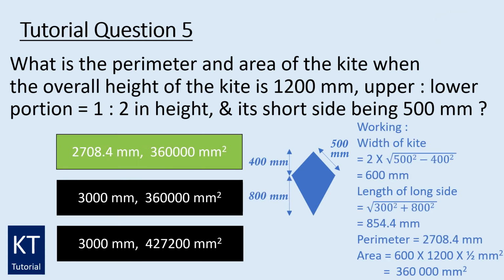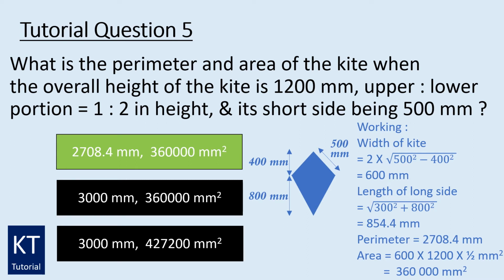To identify its parameter, we must first identify the dimension for the long side of the kite. This is achieved by using Pythagoras' theorem to identify its width, which in turn will serve to find the long side of the kite. The parameter is then calculated by summing the dimensions for the short and long sides, then doubling the outcome.